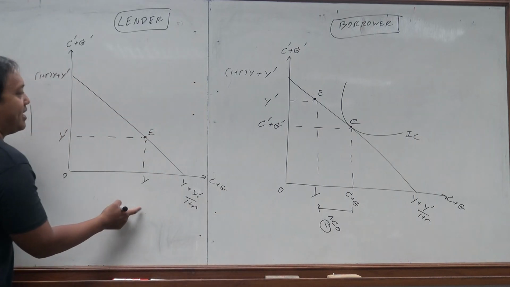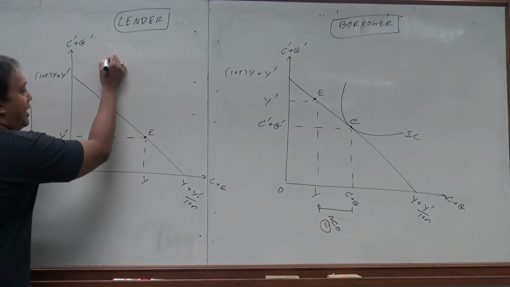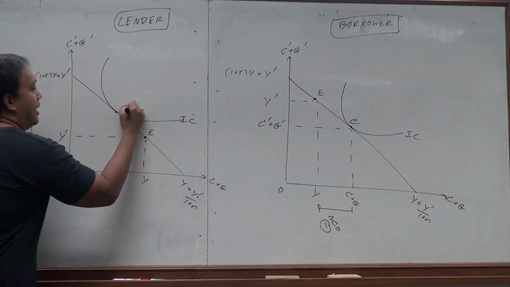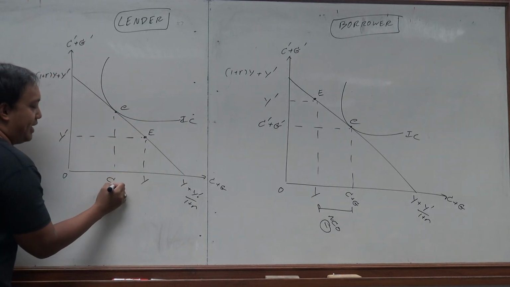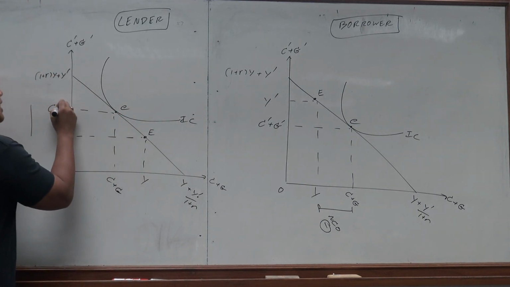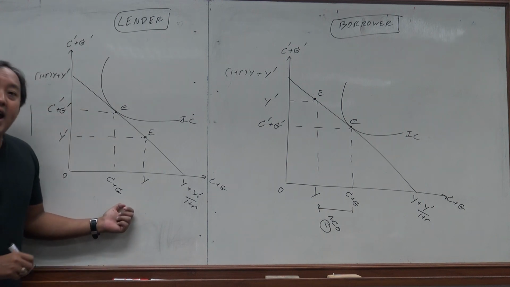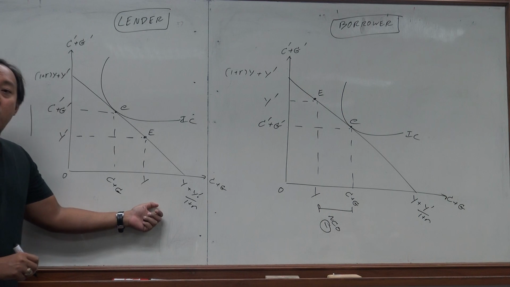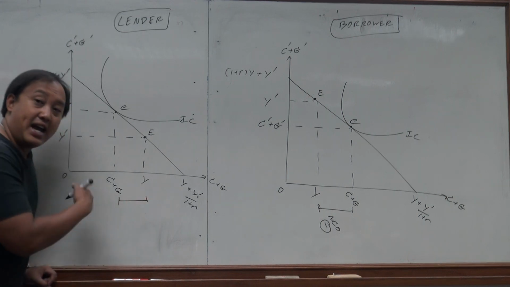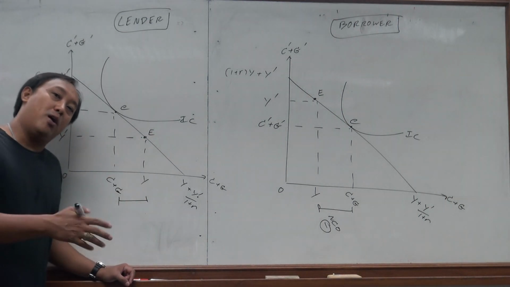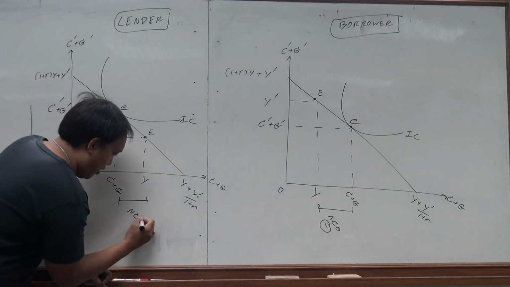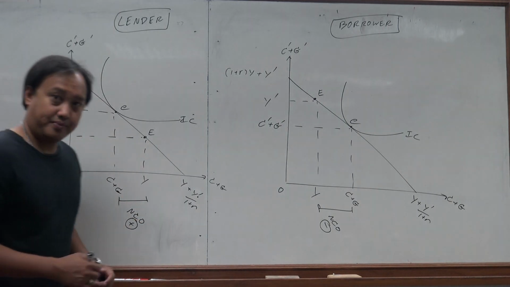In the case of the lender, your equilibrium point is going to be in the middle also. Here, this is your spending today, this is your spending tomorrow, and you spend less than your national income, so you're going to lend the money out. The money is going to flow out, then NCO is going to be positive.